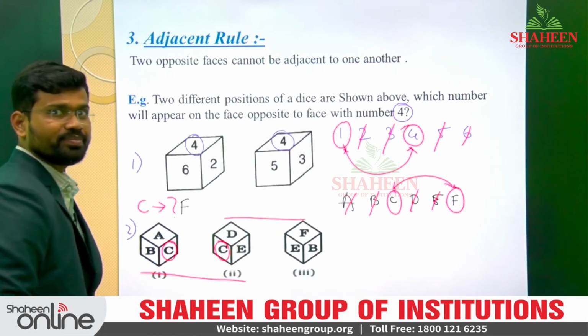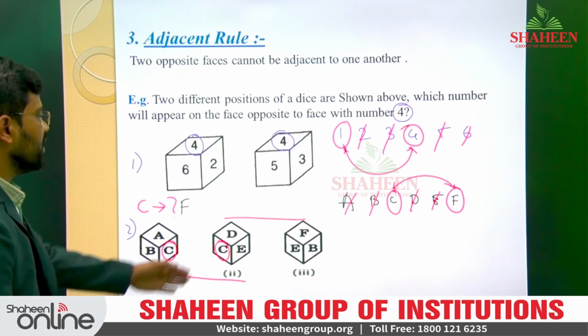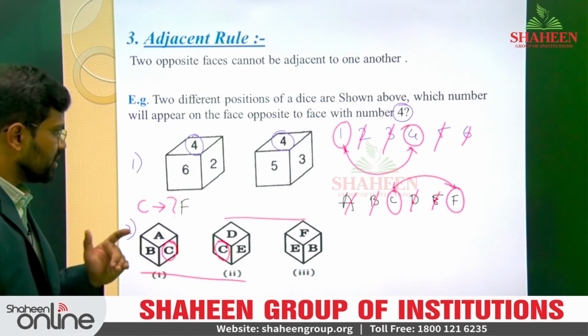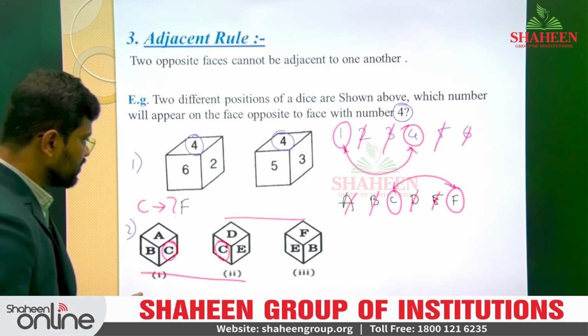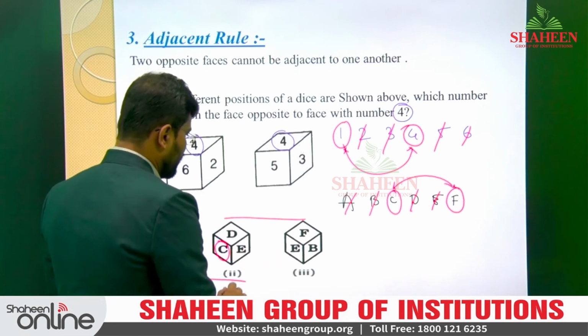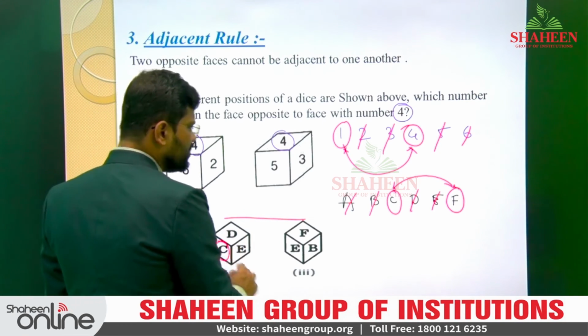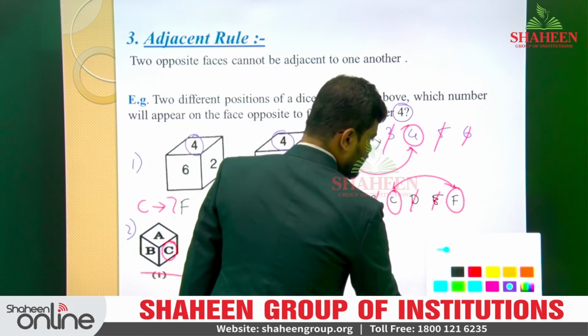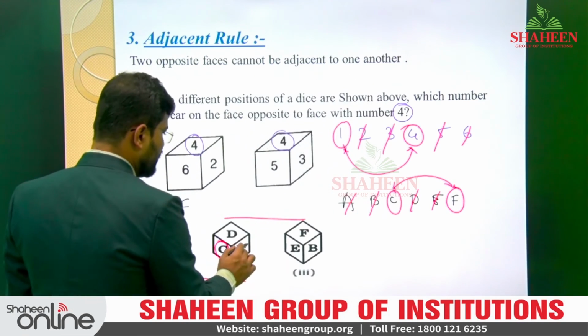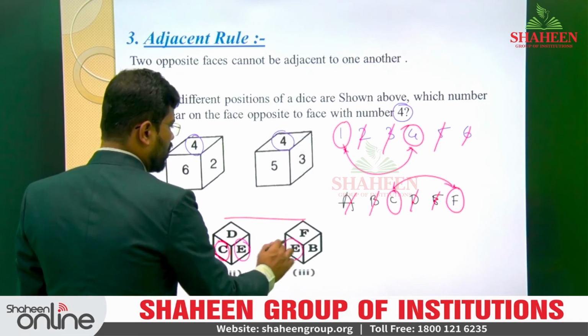Friends, again, I need not go further, but still we will clear the concept. We will take these two examples. Which is the common element here in these two? E. E is the common.